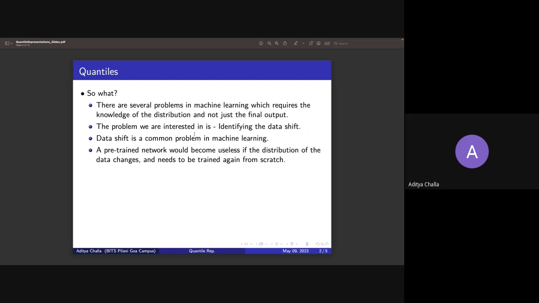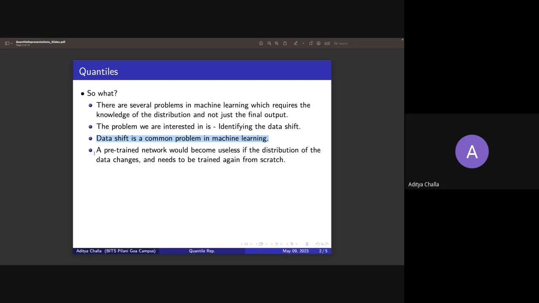But the problem which I will talk about today is something called distribution shift or data shift, and it's actually a common problem. Essentially, what happens during distribution shift is if you have a pre-trained network on a particular data set, say cats and dogs, and with time, maybe due to evolution or something, the way the cats and dogs behave changes.